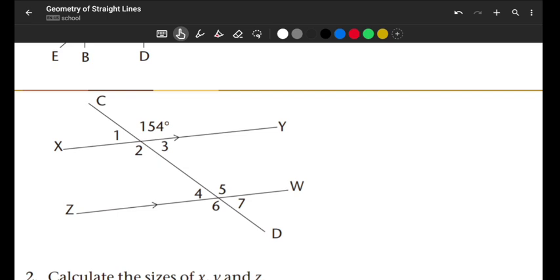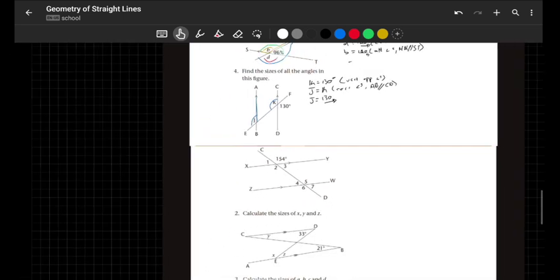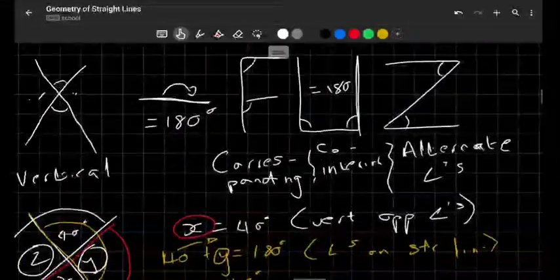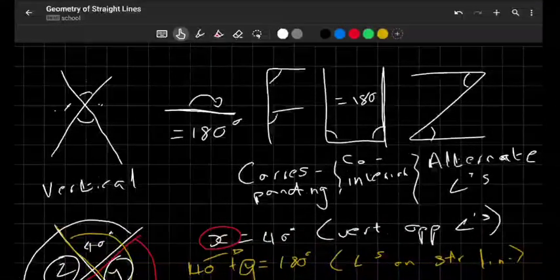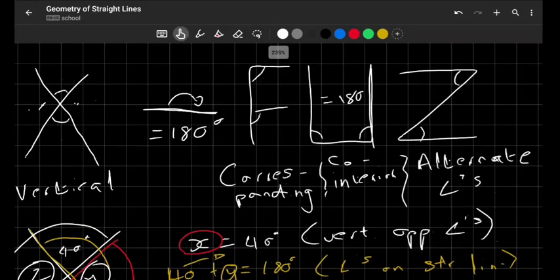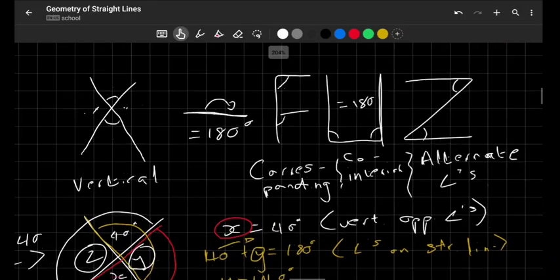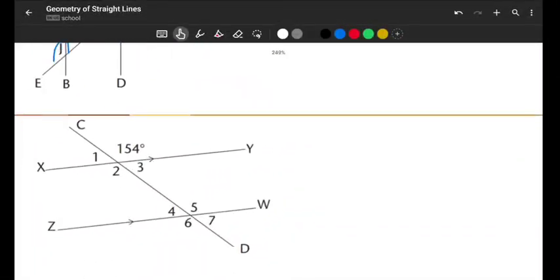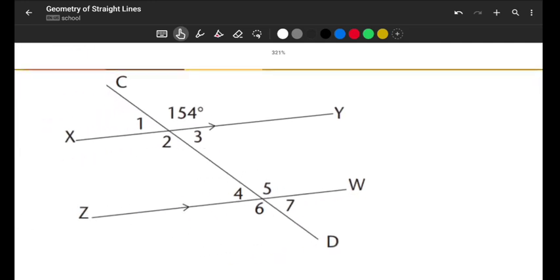We're going to use vertically opposite angles, angles on a straight line, corresponding angles, co-interior and lastly alternating angles, right? So for this one, I'm not going to write it out fully. I'm just going to show you, and I hope that you'd be able to write it out, right?